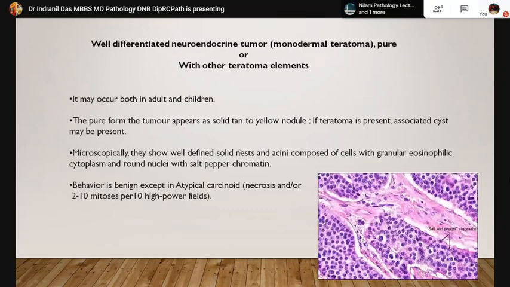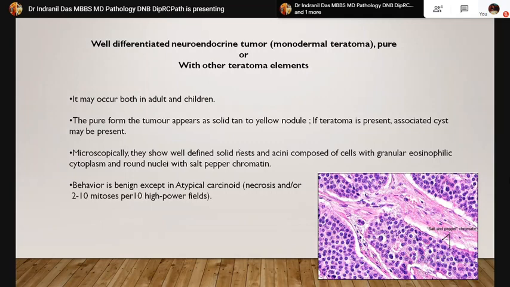Now, well-differentiated neuroendocrine tumor is an example of monodermal teratoma. This may be associated with other teratomatous elements. It occurs both in adults and in children. The pure form of the tumor appears grossly as a solid tan to yellow nodule. If teratoma is present, associated cyst formation may be seen.